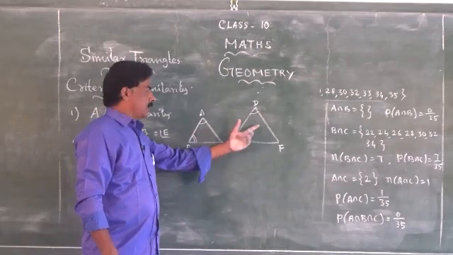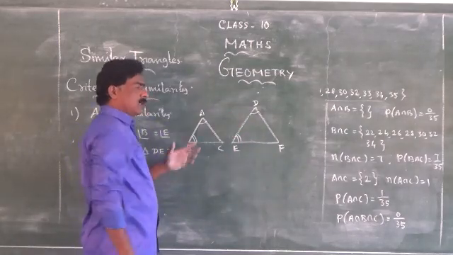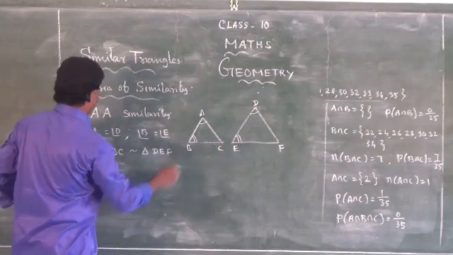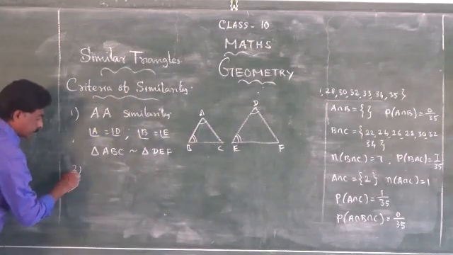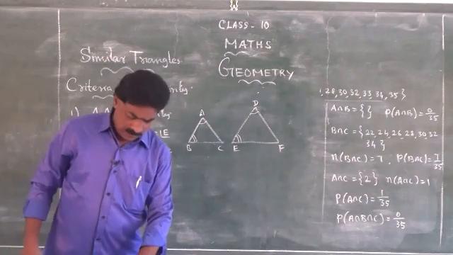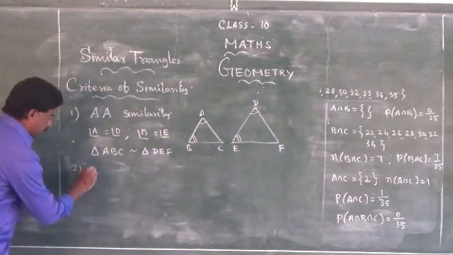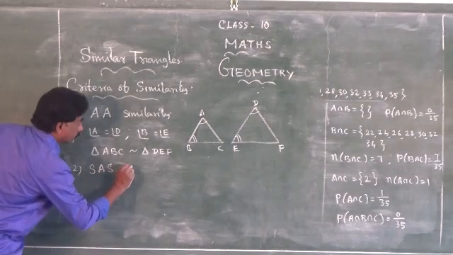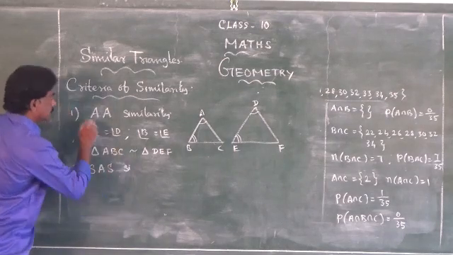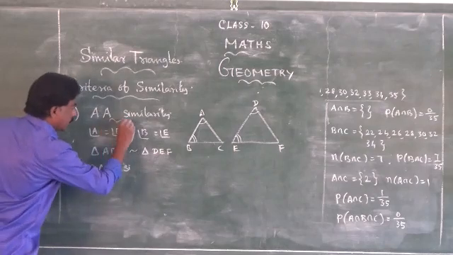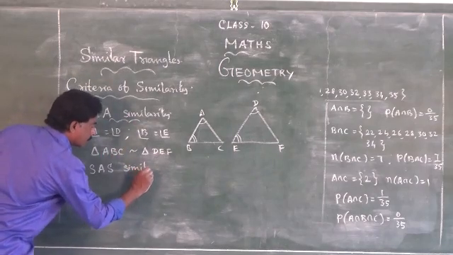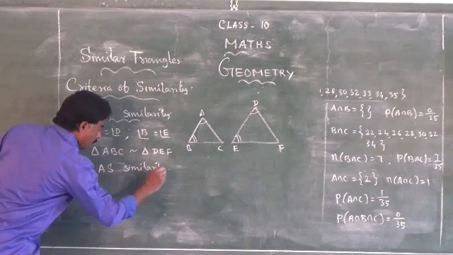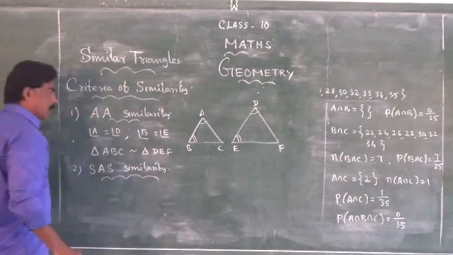If two angles of one triangle are equal to two angles of another triangle, then we say that the two triangles are similar. The next one is side angle side, SAS similarity. This is AAA; what is SAS?